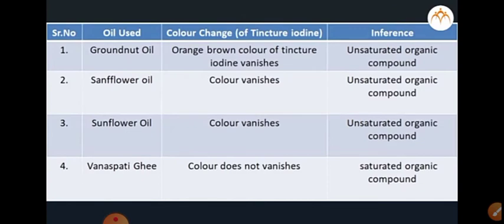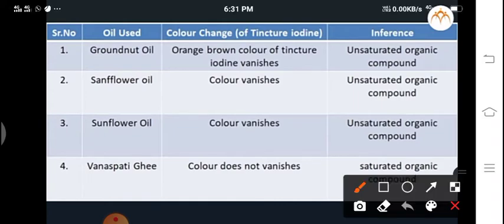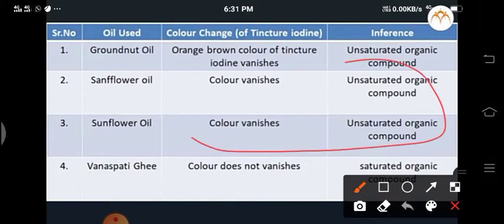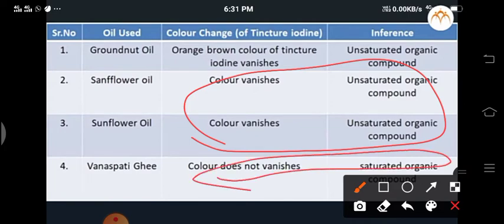Next, vanaspati ghee: color does not vanish and it is a saturated organic compound. If color vanishes, then it is an unsaturated compound. If color does not vanish, that means saturated organic compound. Here a single bond is represented and here a double bond is represented.